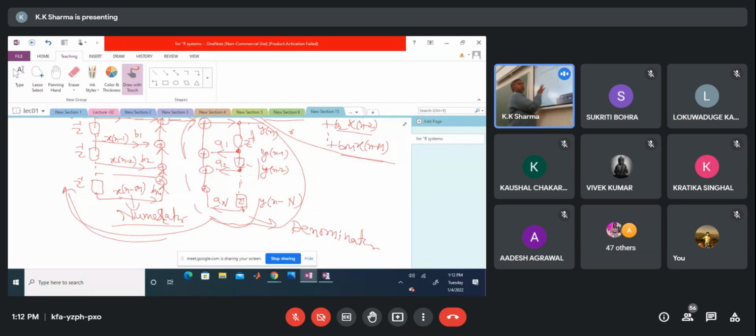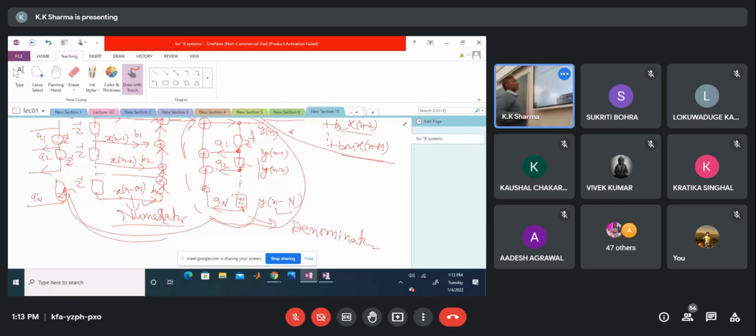Now what is the benefit of doing that? If you mentally see here, this will involve various delay elements. I am shifting this entire block here, and assuming that capital M is equal to N, without loss of generality. So I am shifting this block diagram here: z to the power minus 1, z to the power minus 1, z to the power minus 1, with A1, A2, and the last element is AN.